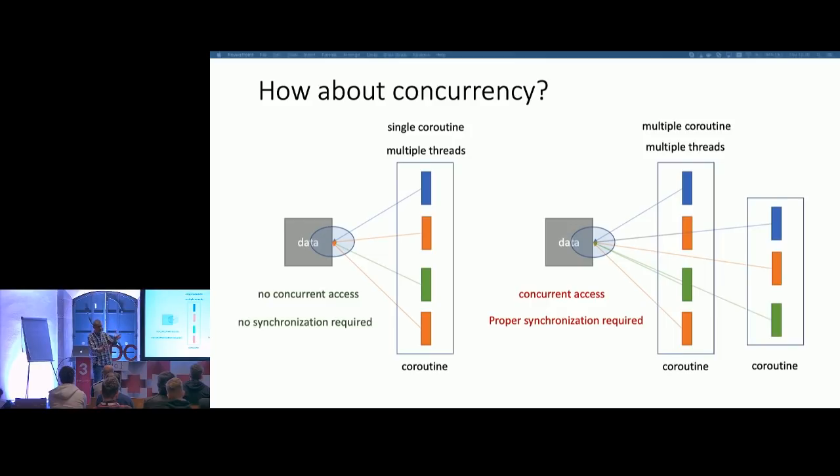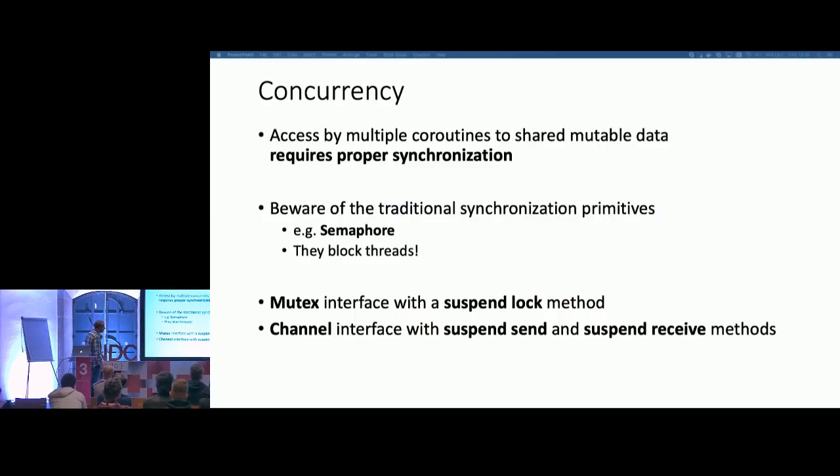I will have multiple coroutines trying to get things from the cache, trying to insert things into the cache. If I have multiple coroutines, I have concurrent access. So I need proper synchronization. Okay? Only if I have multiple coroutines. How can I handle this proper synchronization? Well, the story right now is not clear enough.